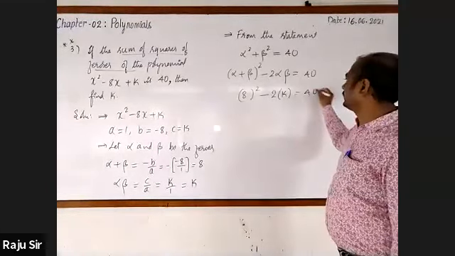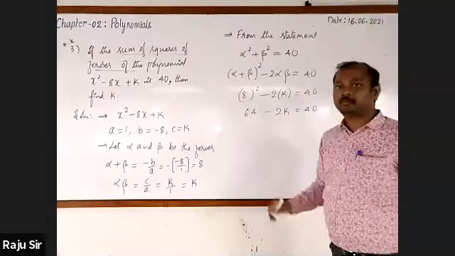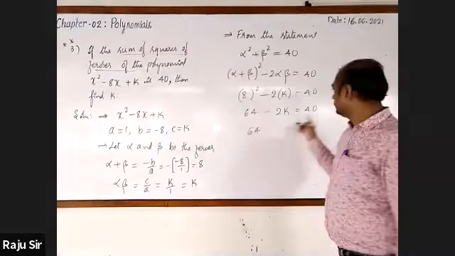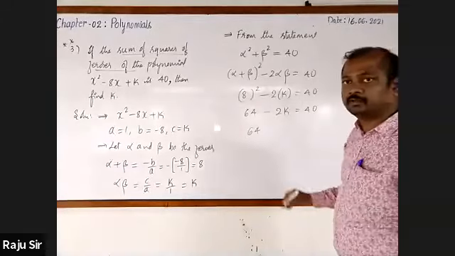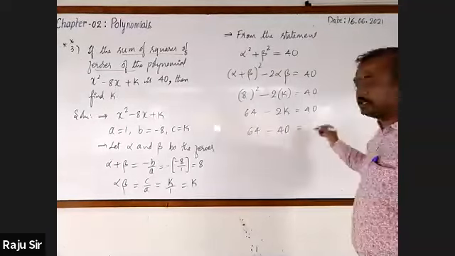Then 8 square is 64, minus 2k equal to 40. Transfer 40 to the left hand side, it becomes minus 40. Transfer minus 2k to the right hand side, it becomes plus 2k.